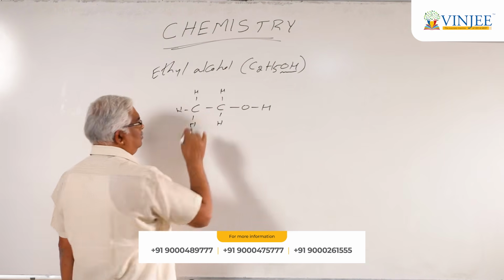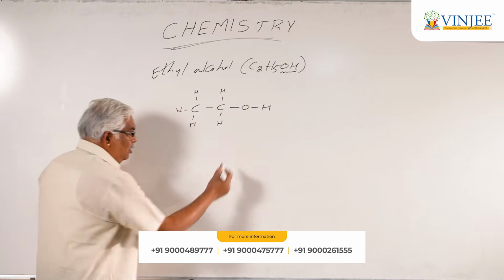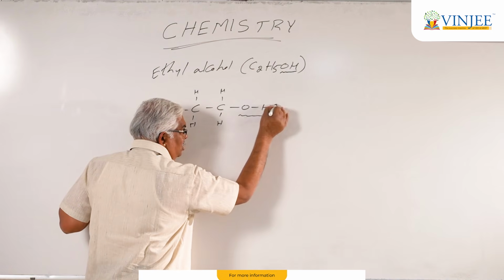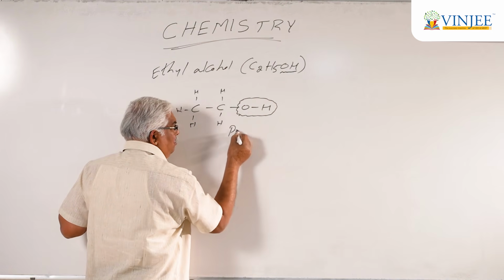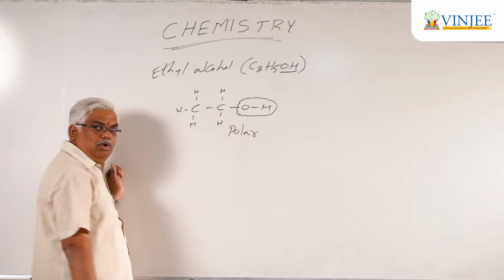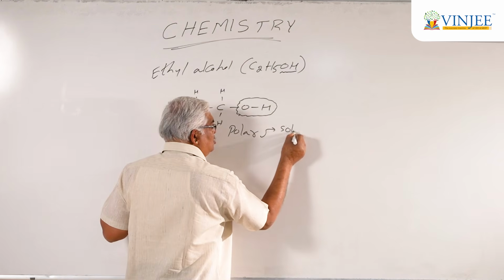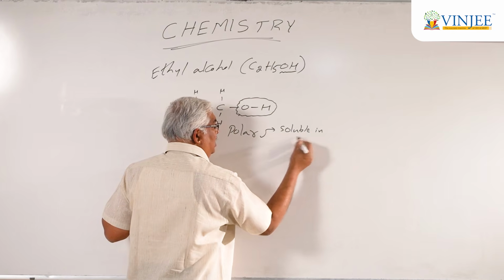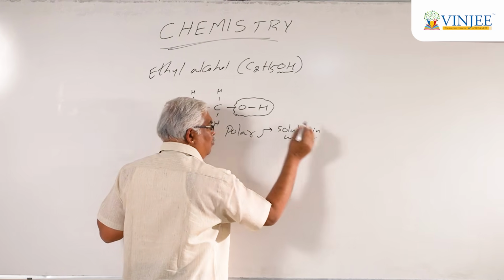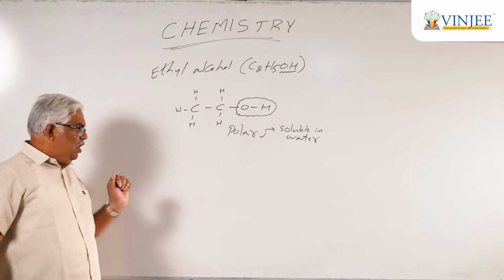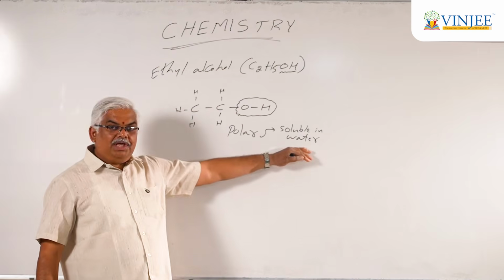attached to the carbon atom. Now, due to the OH bond that we have here, this compound is polar and is soluble in water. Why are we talking about solubility in water?